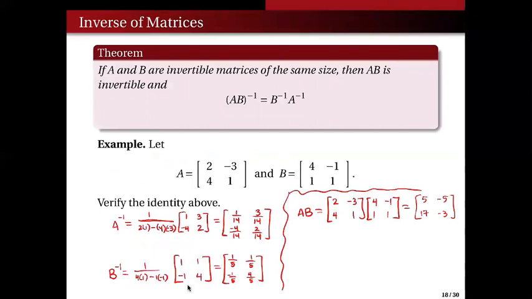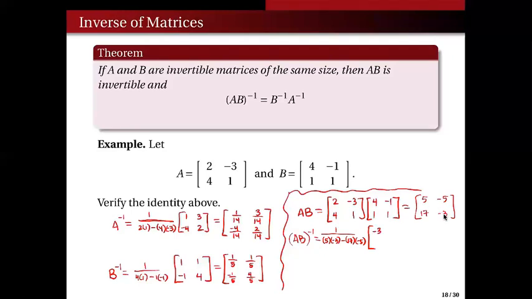So if we calculate the inverse of this, so AB quantity inverse, this will be what? 1 over 5 times negative 3 minus 17 times negative 5. And then this guy here, we interchange 5 and negative 3.